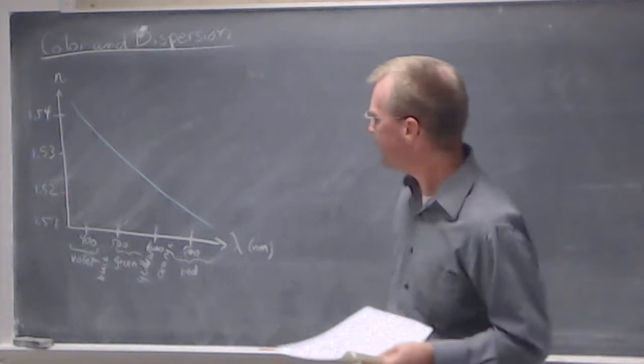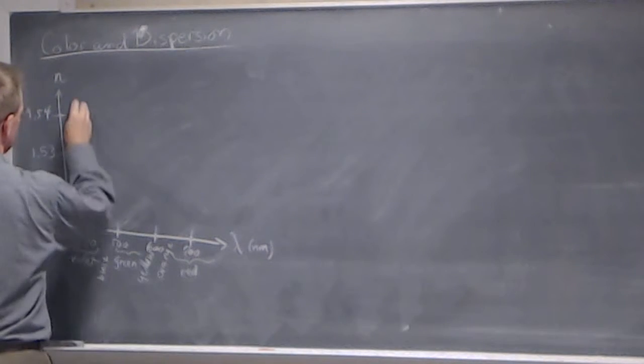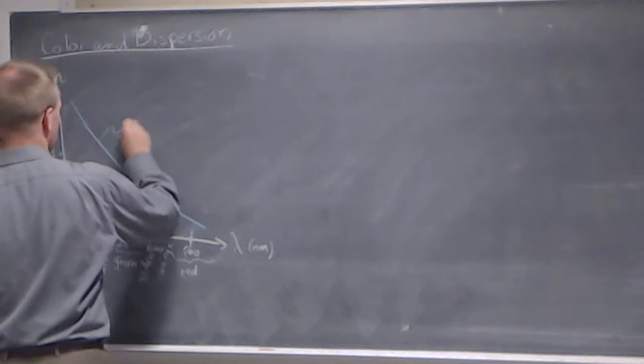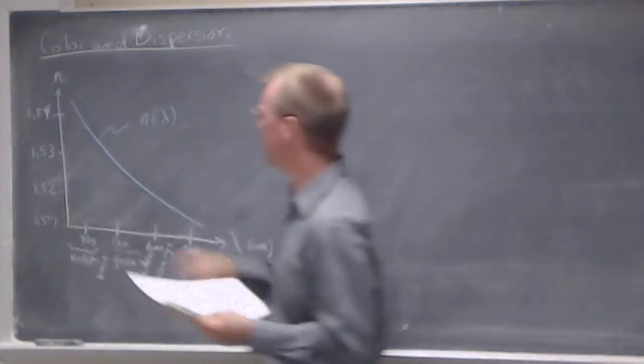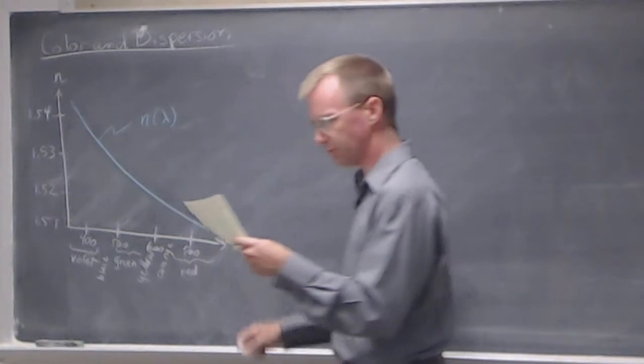Something like this. It's not a straight line. Let me make sure that that's clearly curved. There. So that's n as a function of wavelength. That's a little curly arrow pointing to it.